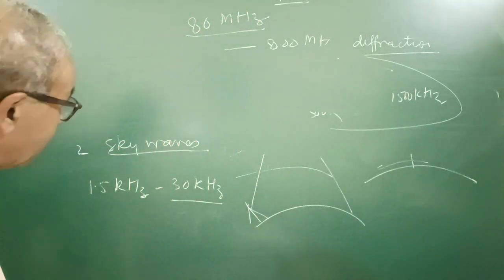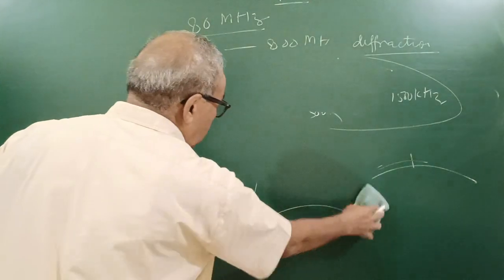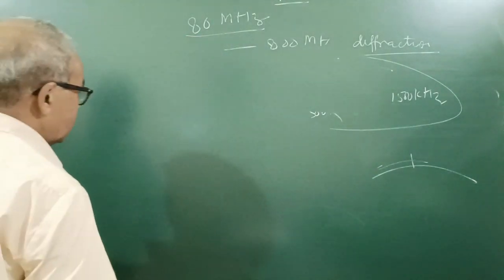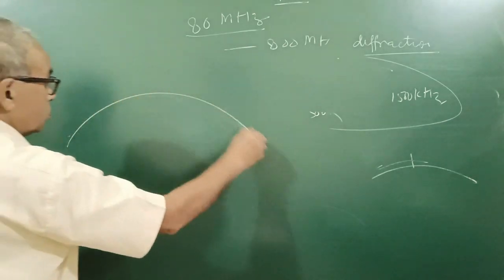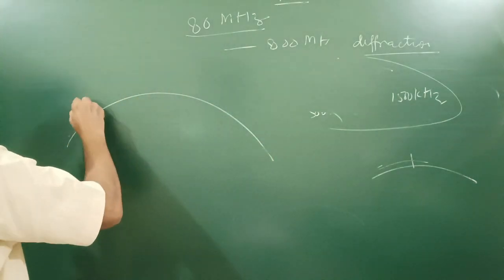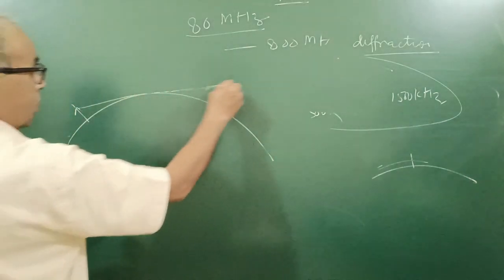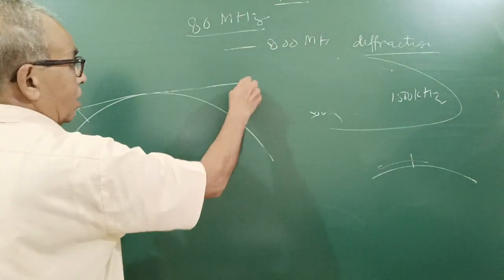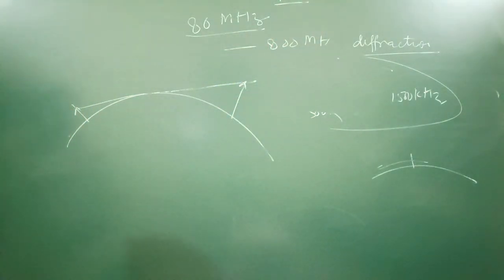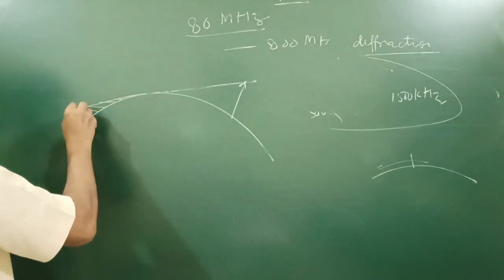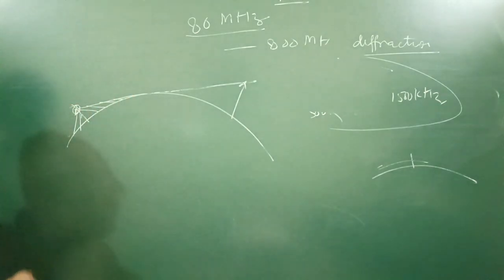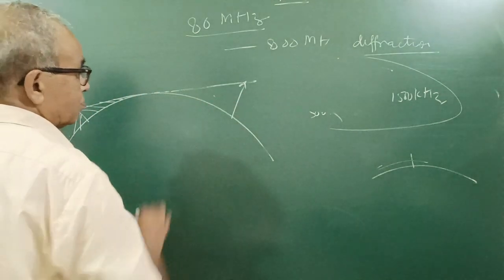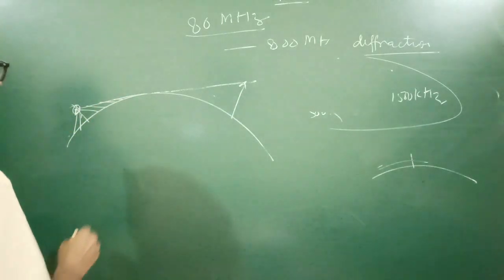What is space wave communication? The wave goes directly from the transmitter antenna to the receiver antenna. But our Earth is round. If the antenna is here, it can go only this far, and then it will go up. So a tall antenna is used here. Our FM wave will cover this much area if the source is here, but not beyond because of curvature. So what do we do?